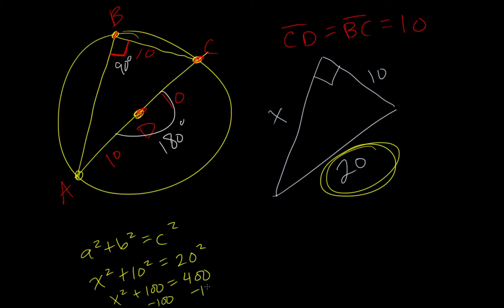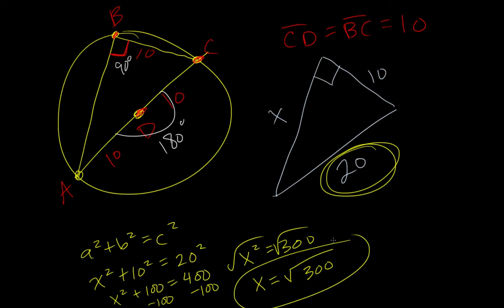Subtract 100. x squared equals 300. And so we can just square root both sides and say x is the square root of 300. Okay, we'll leave it like that.